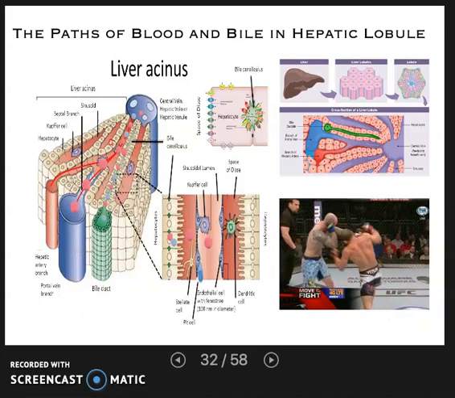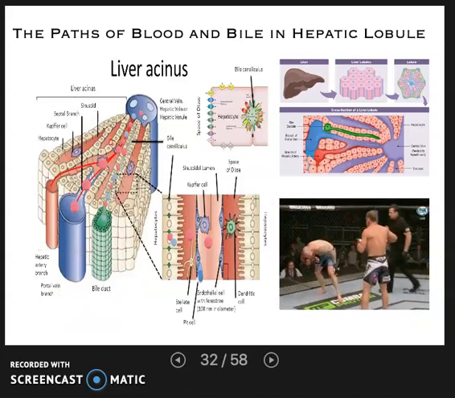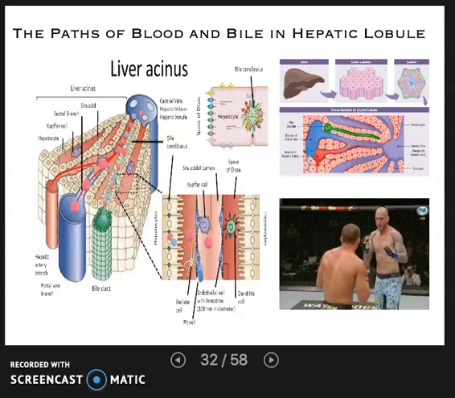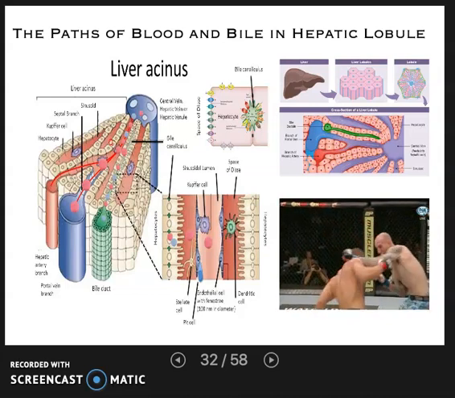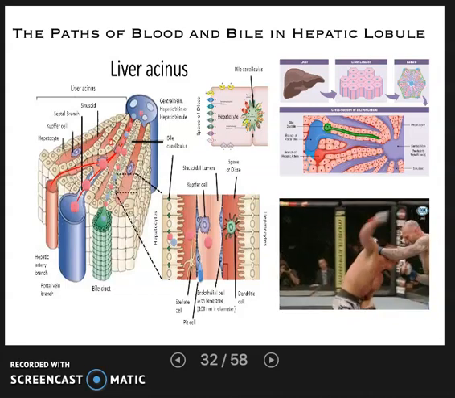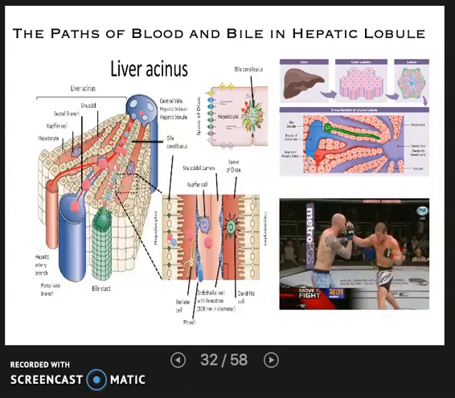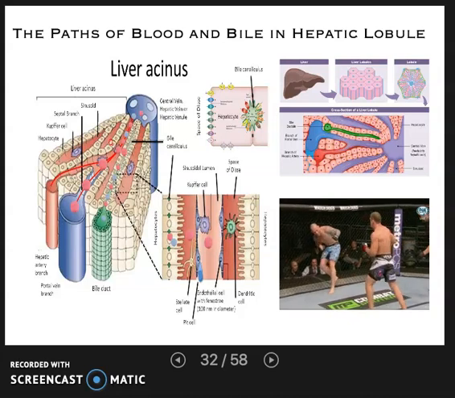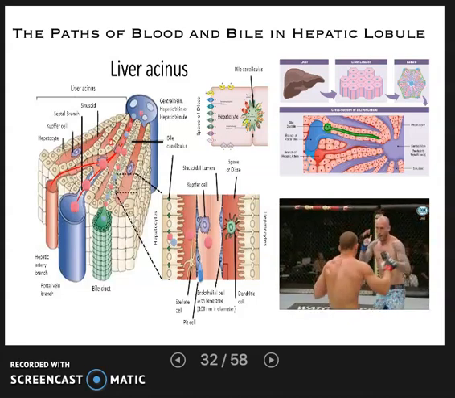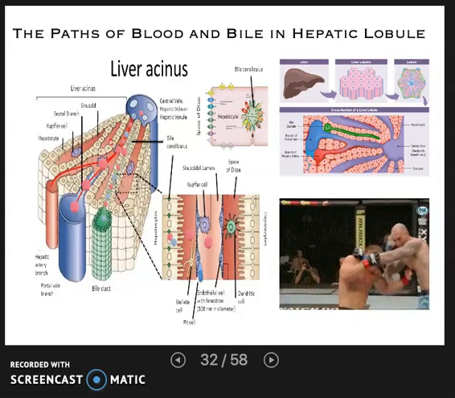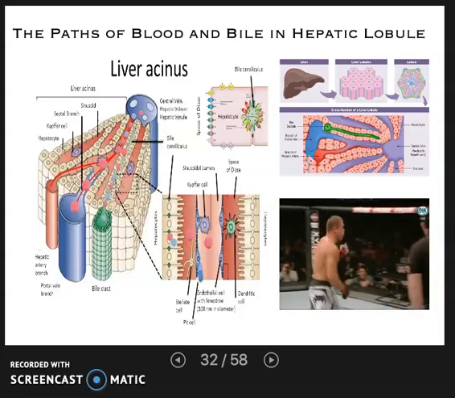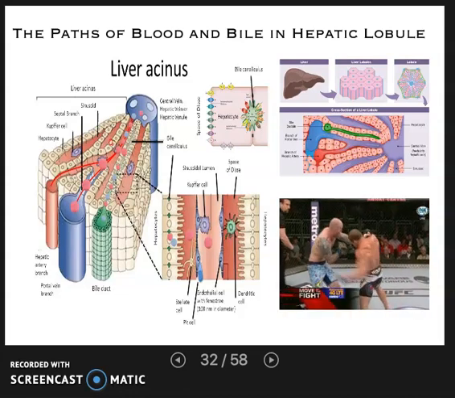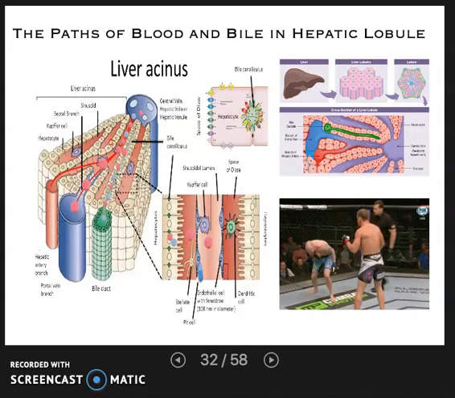So blood moves through the liver via the central vein, and blood moves from the central vein of the liver out into portal veins, and as it passes out through these acini, these little sacs, it passes through hepatocytes, which filter the blood.